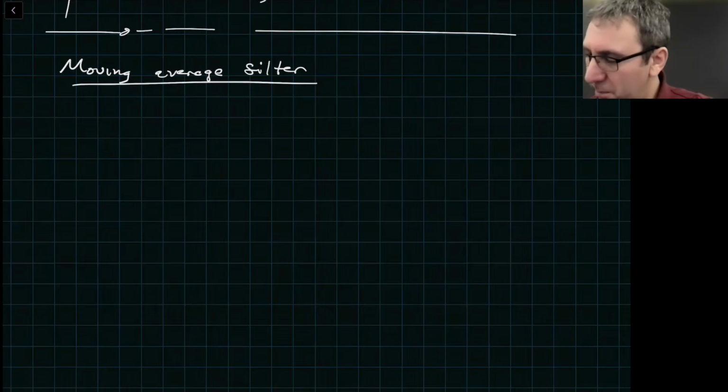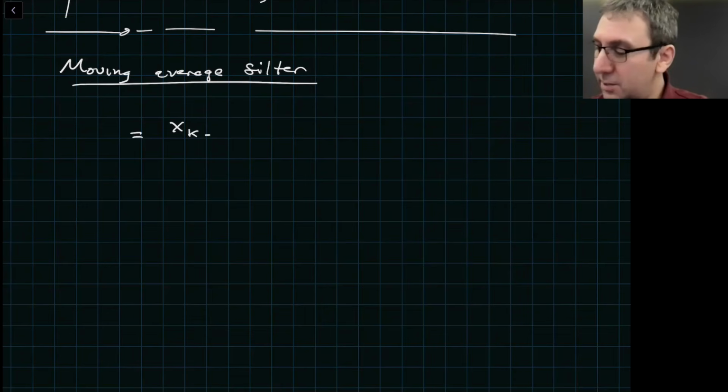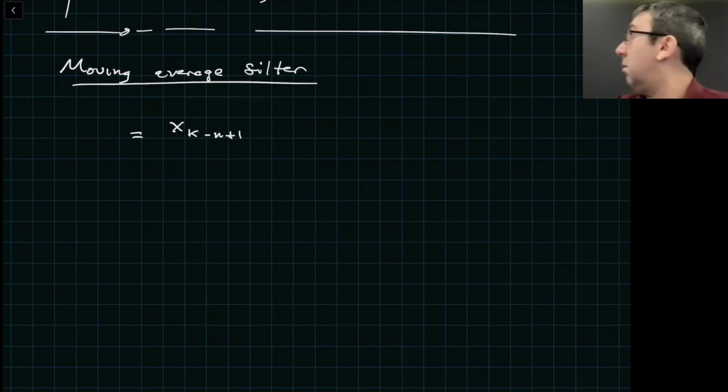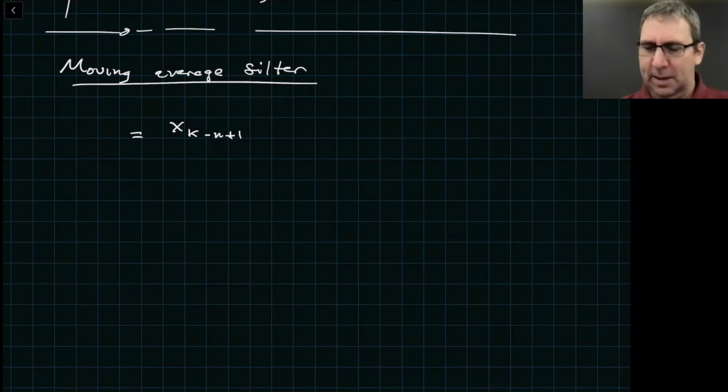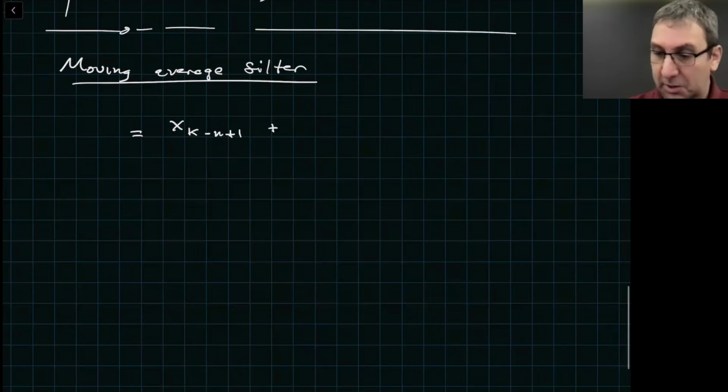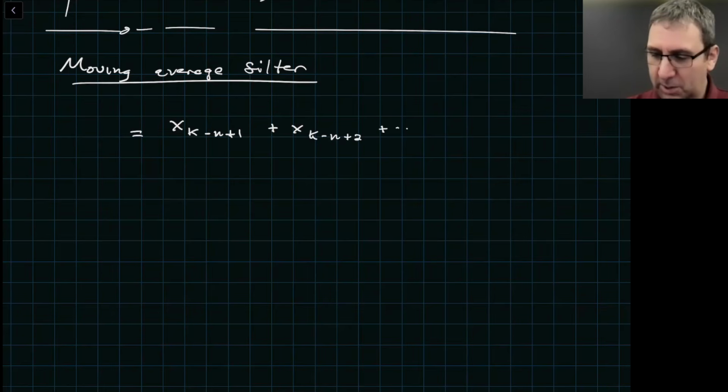So what do we want to compute here? We want to take x k minus n plus 1, plus the next one, x k minus n plus 2, all the way up to x k.